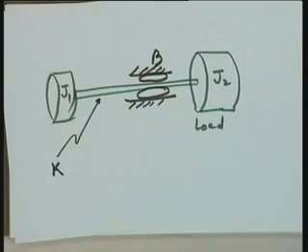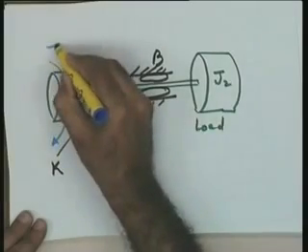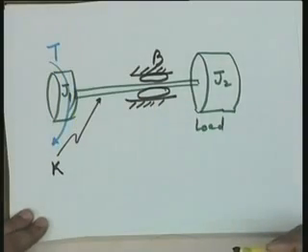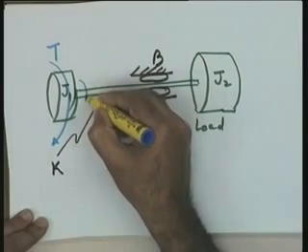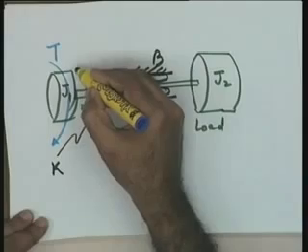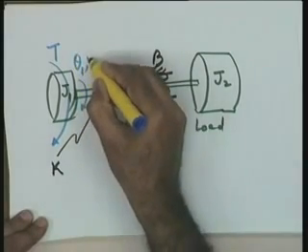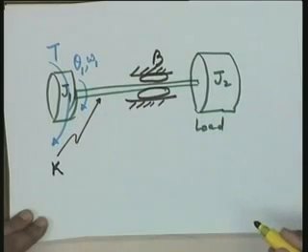So, in this case I take the input here as the applied torque by the motor, okay? And therefore, this gives rise to the motion of the motor rotor, given by theta 1 or omega 1, theta 1 being the angular displacement and omega 1 the angular velocity.